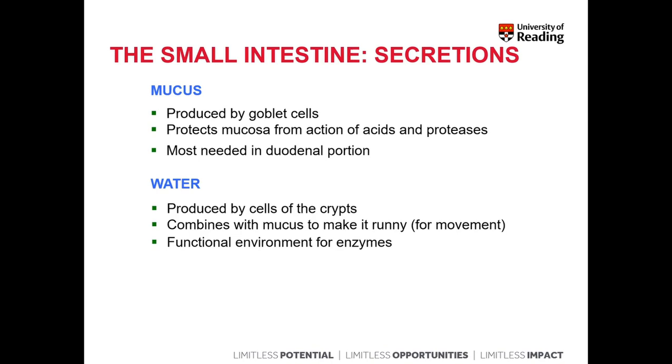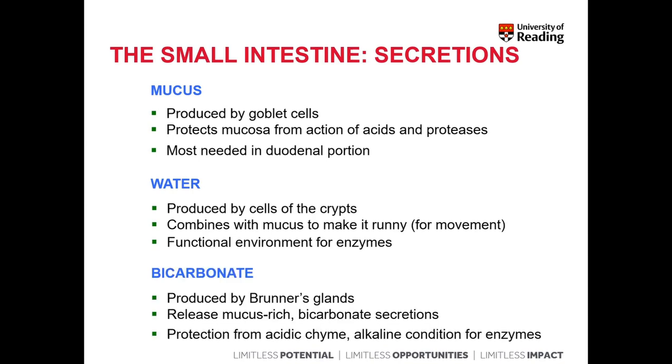And also water, it sounds like a stupid thing to say, but without water the enzymes don't work. So we need to have the adequate amount of water to allow the digestive enzymes to carry out their actions. And finally, the bicarbonate, mostly produced by Brunner glands, which release mucus-rich bicarbonate secretions.